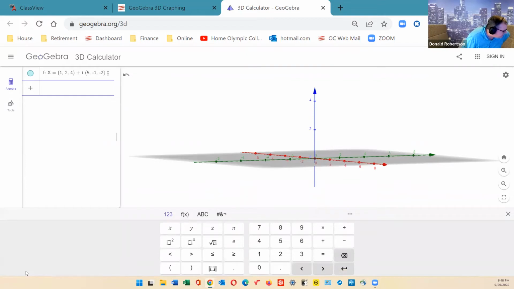Can I do it another way? Let's try this guy. I'm just trying to make GeoGebra plot the thing without going into weird things I don't want it to go into.